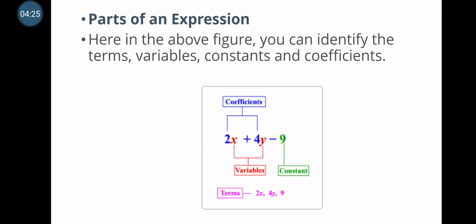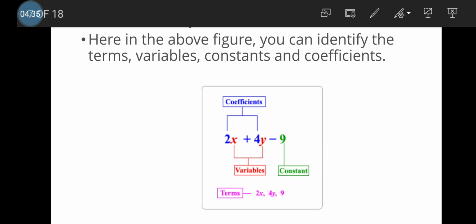Then parts of an expression. Here you can identify the terms, variables, constants and coefficients. A number that is not multiplied by any variable is called a constant. A number and a variable multiplied together form a term. A variable means the alphabet alone.